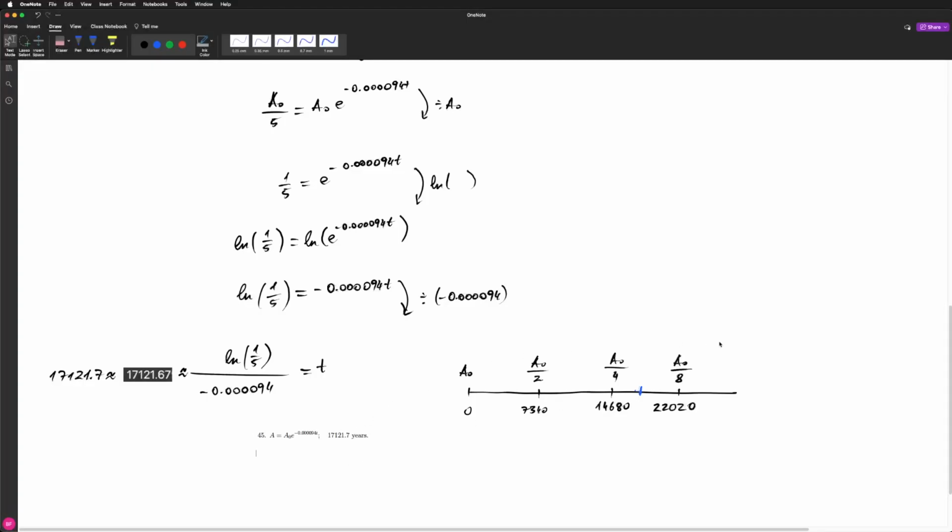This is a quick way to check if your answer is correct. Just do jumps in half-life, and very roughly it will tell you how much material you still have. And that's all I want to say about this question.